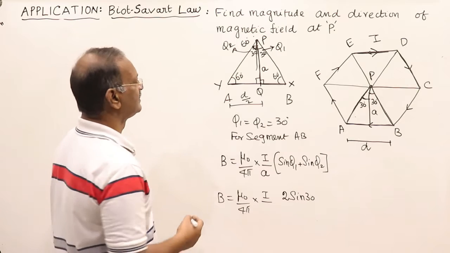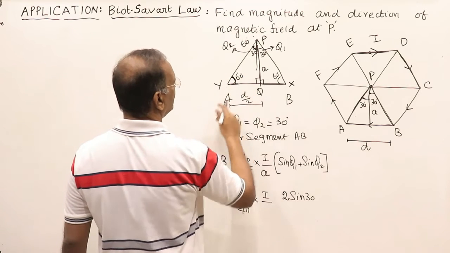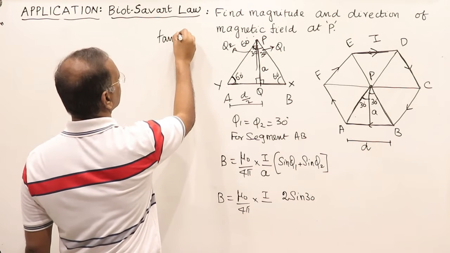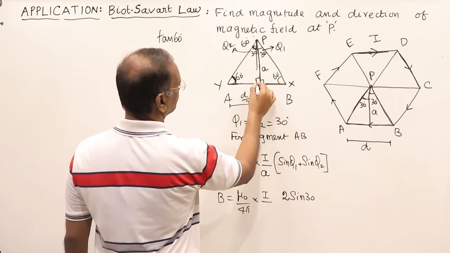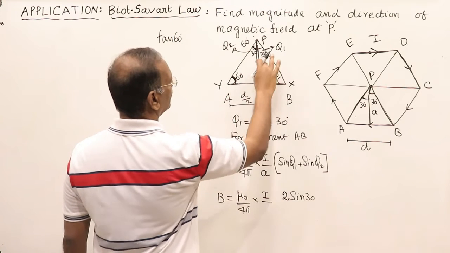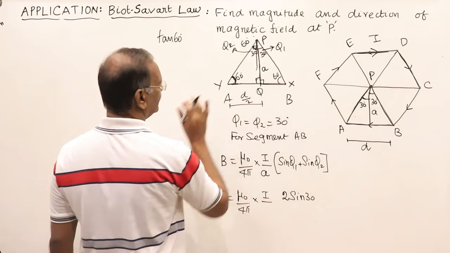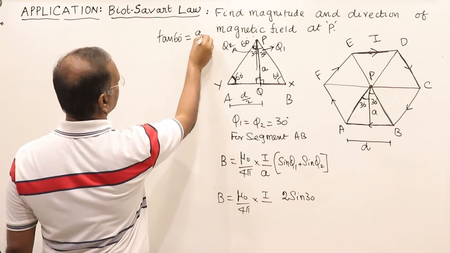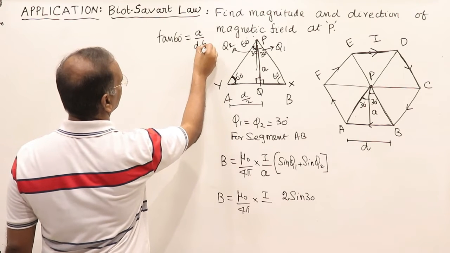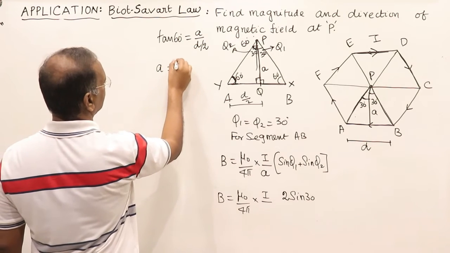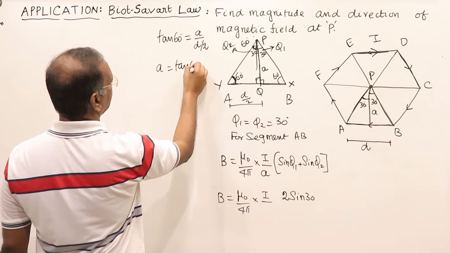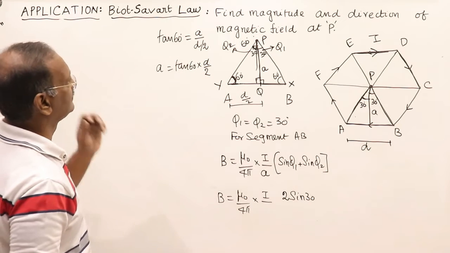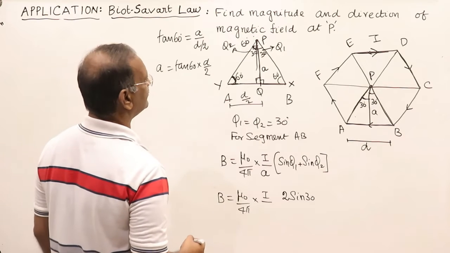From this triangle, tan 60 is the opposite side divided by the base. That is, tan 60 is equal to A divided by d by 2, or A is equal to tan 60 into d by 2. What is the value of tan 60? Let us find out the value of tan 60.